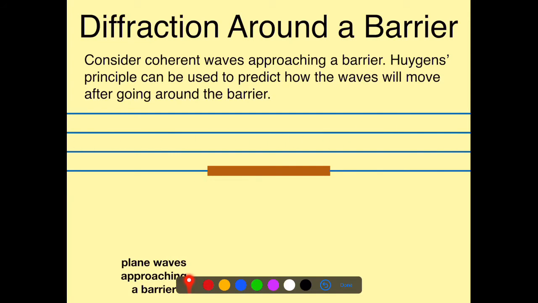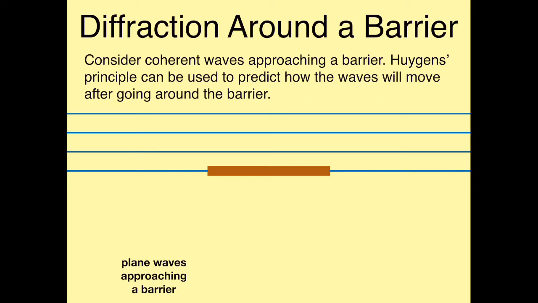But once the wave hits the barrier, this part of the wavefront is going to get cut off. It will be absorbed by the barrier, but this part of the wavefront will remain, and this part on the other side will also remain. So if we want to predict how the wave moves past the barrier, we can use Huygens Principle.